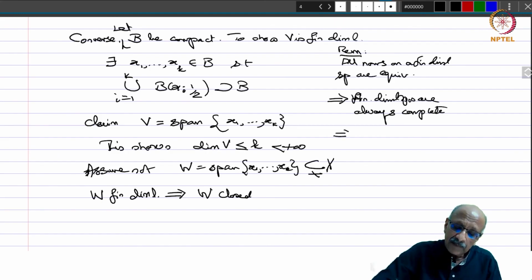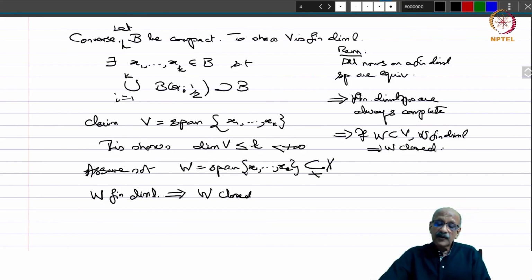And this again implies that if W is contained in V, W finite dimensional, then W is closed, because it has to be complete, which means every sequence converges within itself, and therefore it is closed. So W is closed, and it is proper.